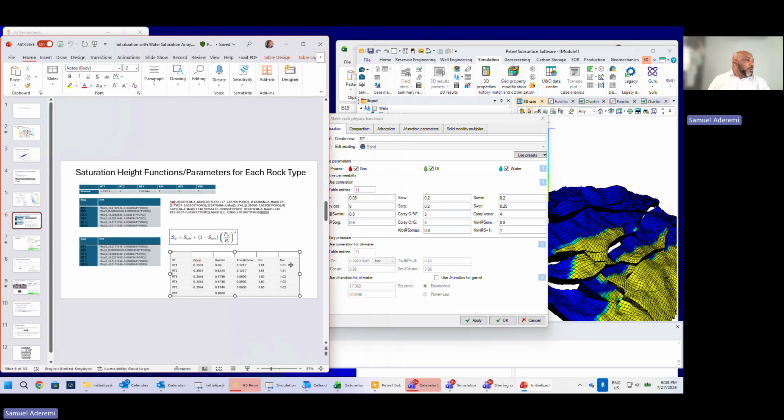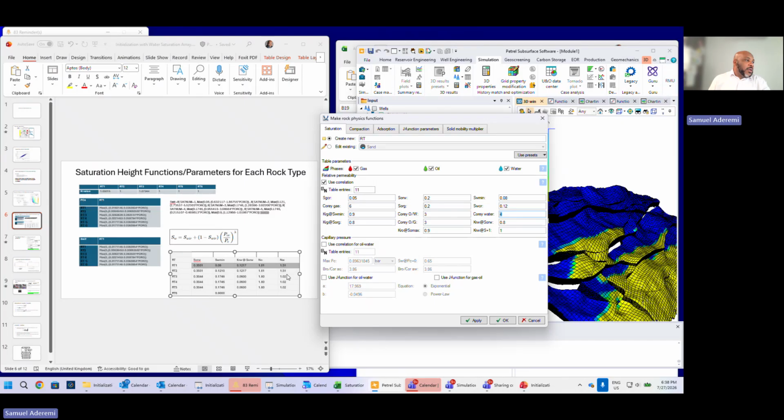So here, if I'm looking at the rock type 1, I have the minimum water saturation, which is 0.08. And I have the critical, maybe I can estimate this. I might just be able to find a relationship in principle that I can use, but let's say it's slightly higher than this. And that is the saturation above which water becomes mobile.